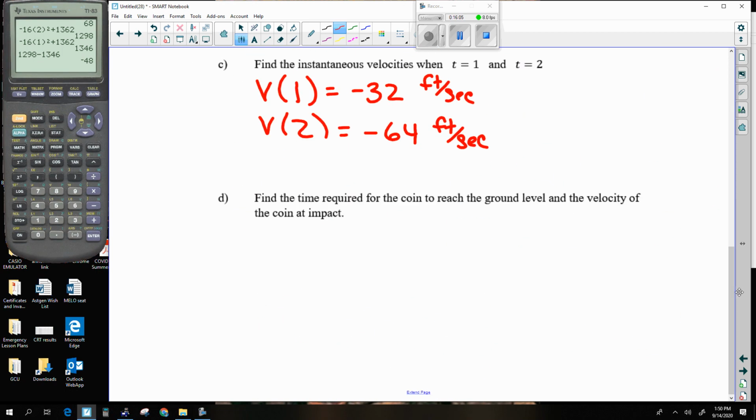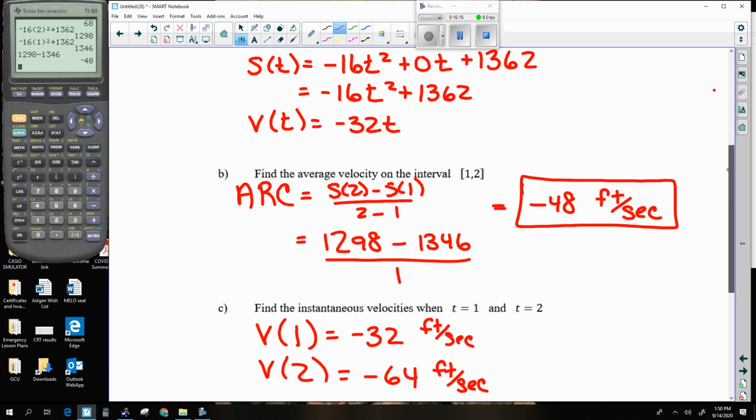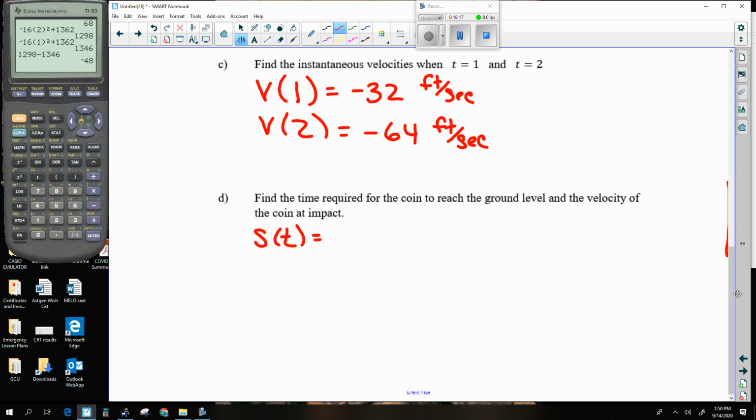I know the position of the coin at any particular time is negative 16t squared plus 1362. So when is the position equal to 0? 1362 divided by 16, and square root that.